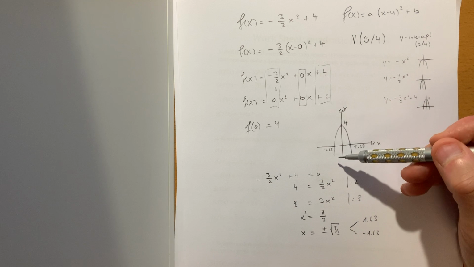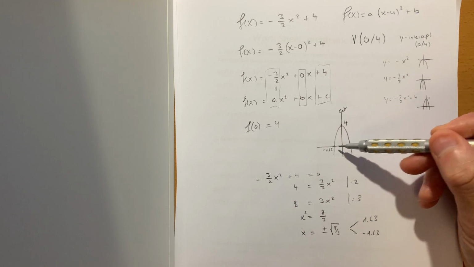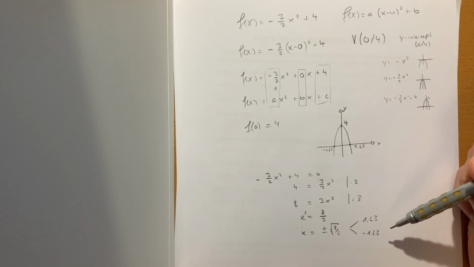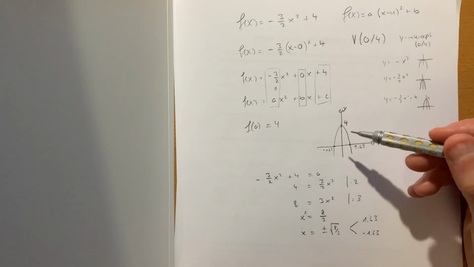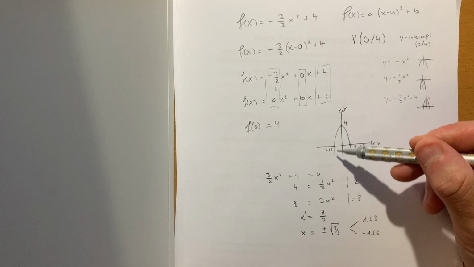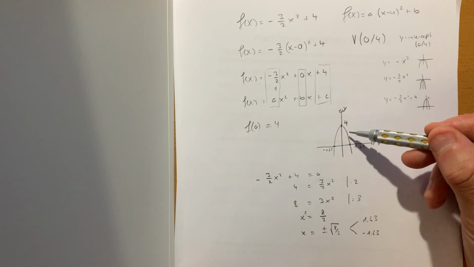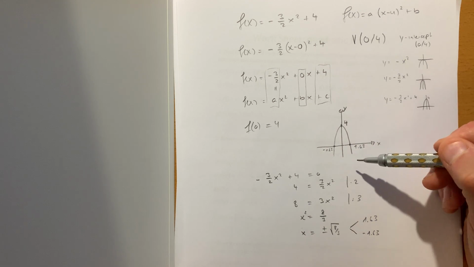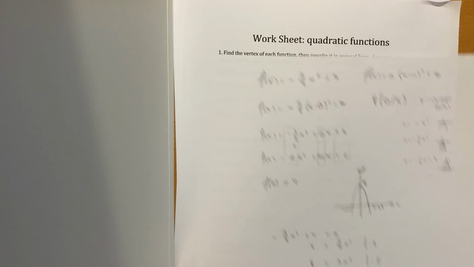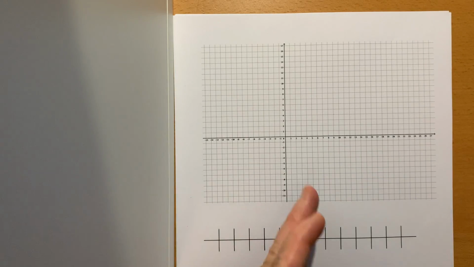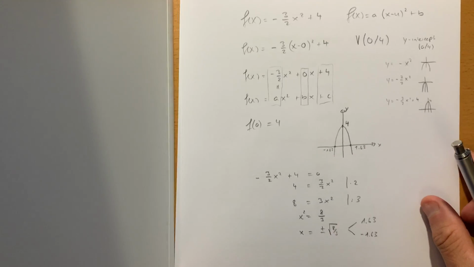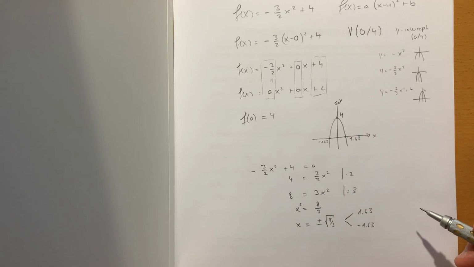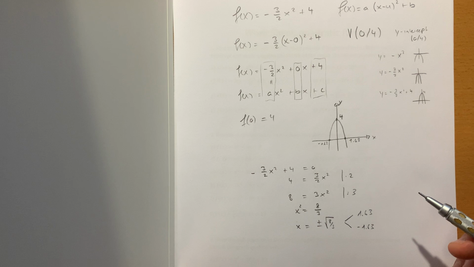You can clearly see that it will have zeros, and we are able to work out these zeros now. So we know quite a few things about this function, and even though it's only a qualitative sketch, we can really know what the graph looks like. Obviously, if I did it on paper, it would be more exact, but it doesn't even matter. It's just the general idea we want of the graph, and we clearly have that now.